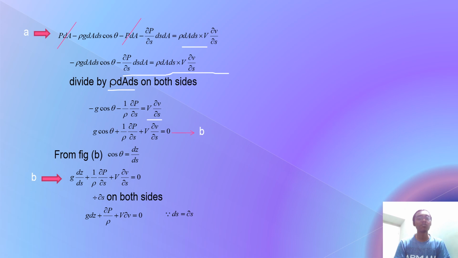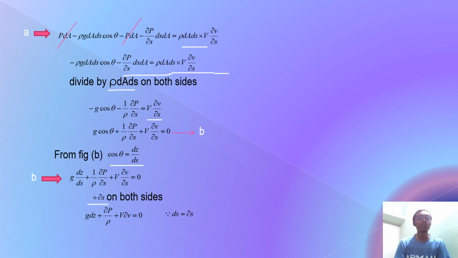Now send these terms to the right-hand side. We get g cos theta plus 1 by rho del P by del S plus V del V by del S is equal to 0. This is equation 2. From the figure, cos theta is equal to del Z by del S. Therefore, the above expression becomes g into dz by ds plus 1 by rho del P by del S plus V into del V by del S is equal to 0.